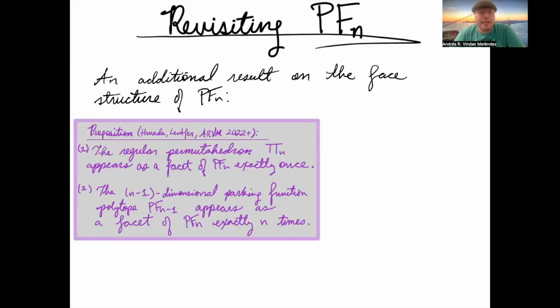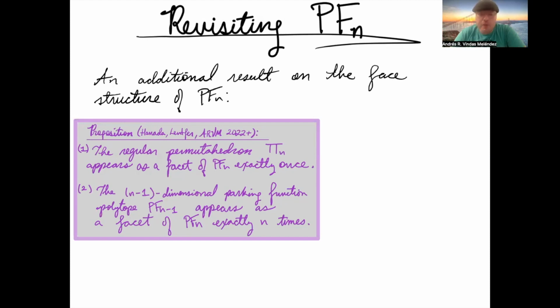An additional result on the face structure of the classical parking function polytope concerns the regular permutahedron. What is the permutahedron? If we take the vector 1 through n, and we take all permutations of that vector and take the convex hull, that is known as the regular permutahedron.